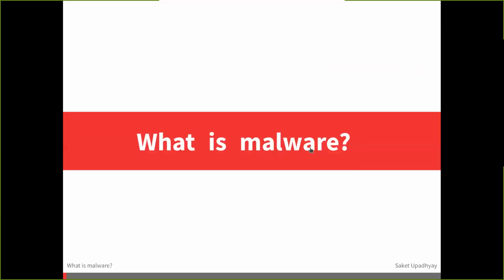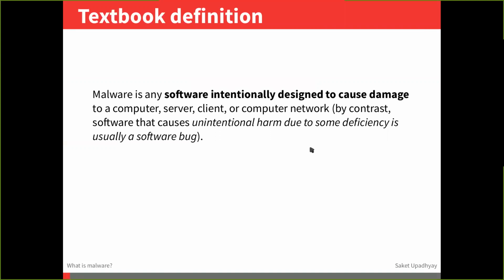So what is malware? Any software that is intentionally designed to cause damage to a computer. This is the most basic definition we come across when we search for malware in Google or any other search engine. Any software that's intentionally designed to cause damage.